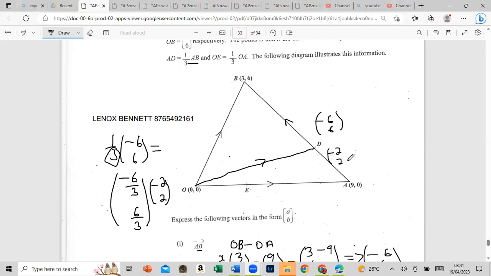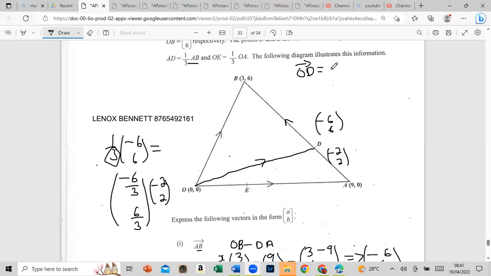What's the significance of this? Now we can go from O to A and then to D. Remember, we don't go directly with vectors. To get to OD, let me just write it as we go along. So it's OD we're finding, the vector OD.